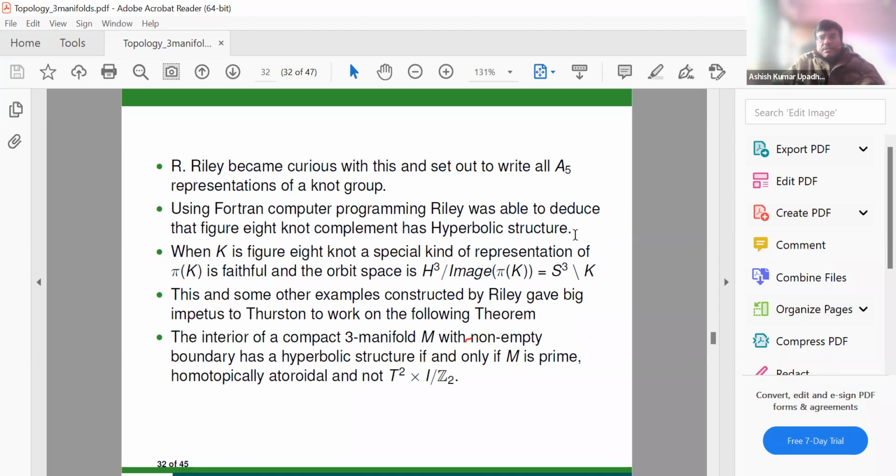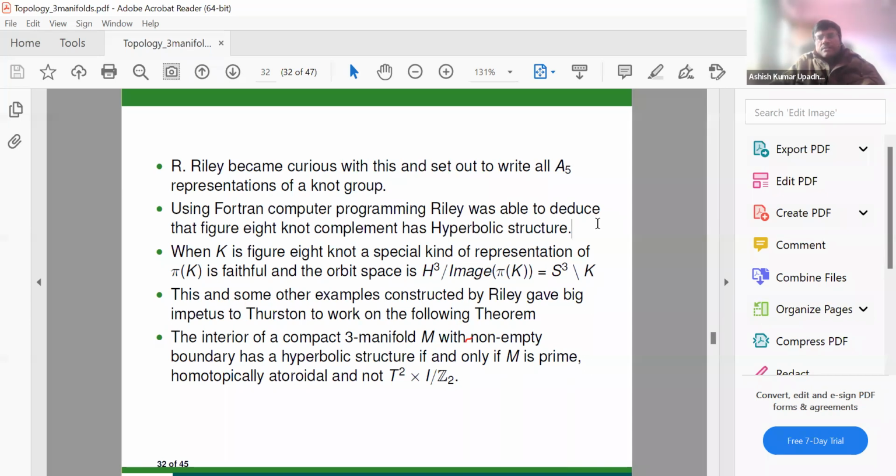And I believe that till now, before this, Thurston was working on foliations. It was because of this study that this probably gave important impetus to Thurston to think about the role of geometry in the topology of three manifolds.